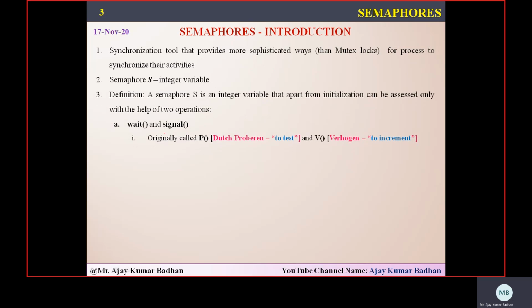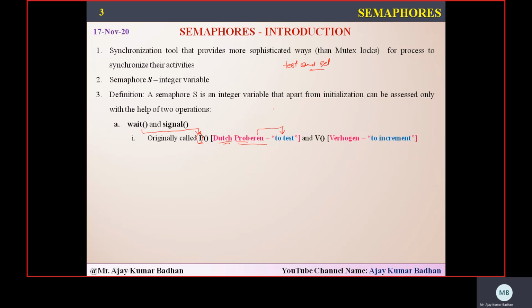Now coming to this particular wait, it actually came from P. What is P? In Dutch we call it proberen, which means to test. Test in the sense that, I think you now get a clear idea, like test and set, which we used. So it is actually a Dutch word; the wait operation is usually called P, from proberen, meaning testing.